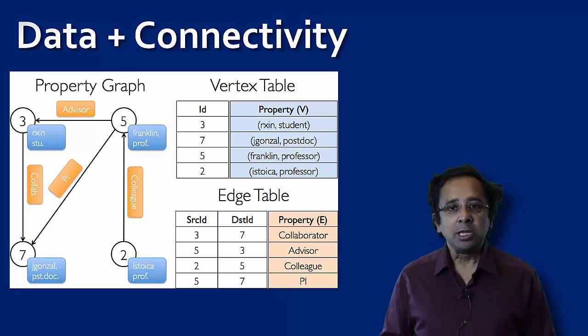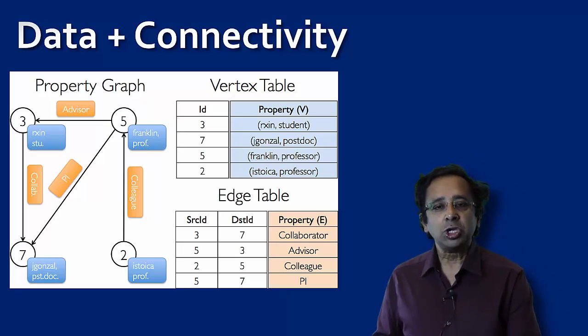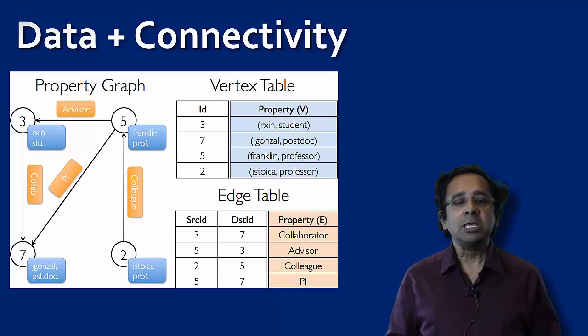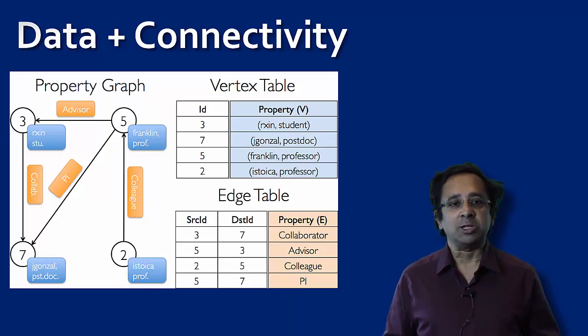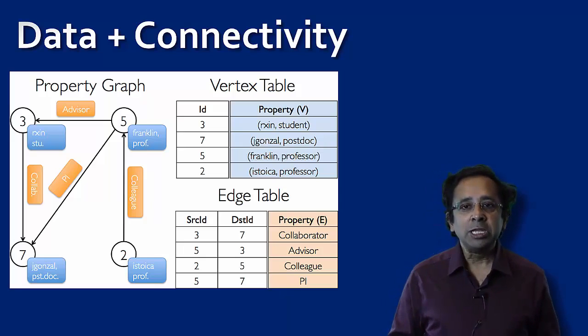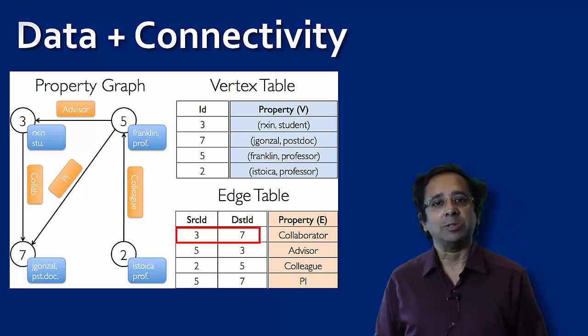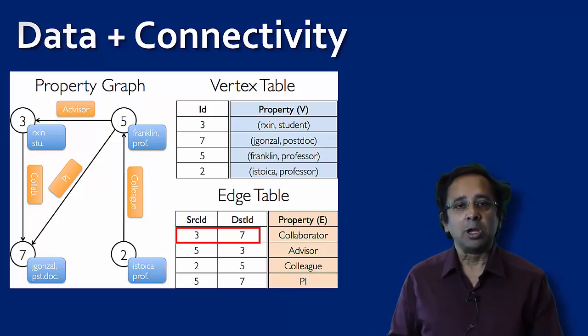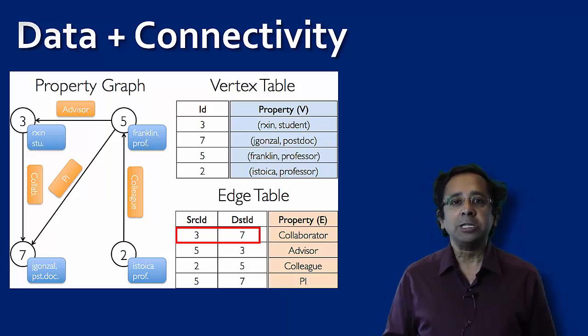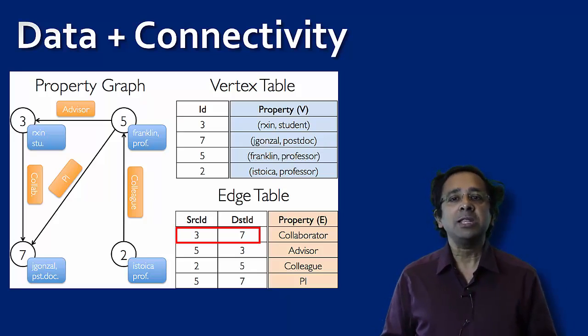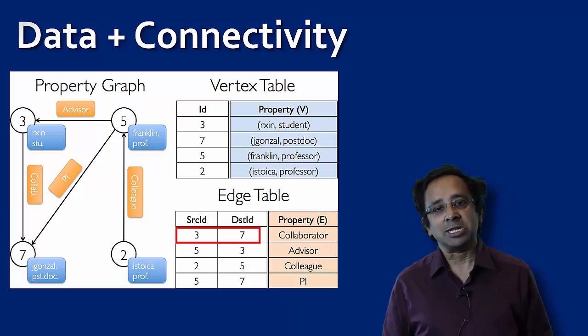The colored part represents the properties of the edge, whereas the white part contains just the direction of the arrows in the network. Thus, since there is a directed edge going from node 3 to node 7, there is a tuple 3, 7 in that part of the edge table. Now, this form of the graph model is called the property graph model, which we'll see many times in this course and in the specialization.